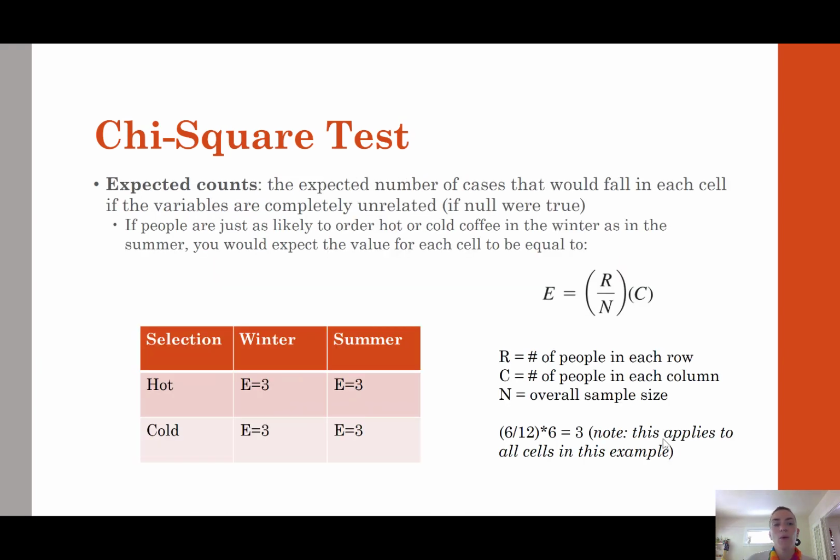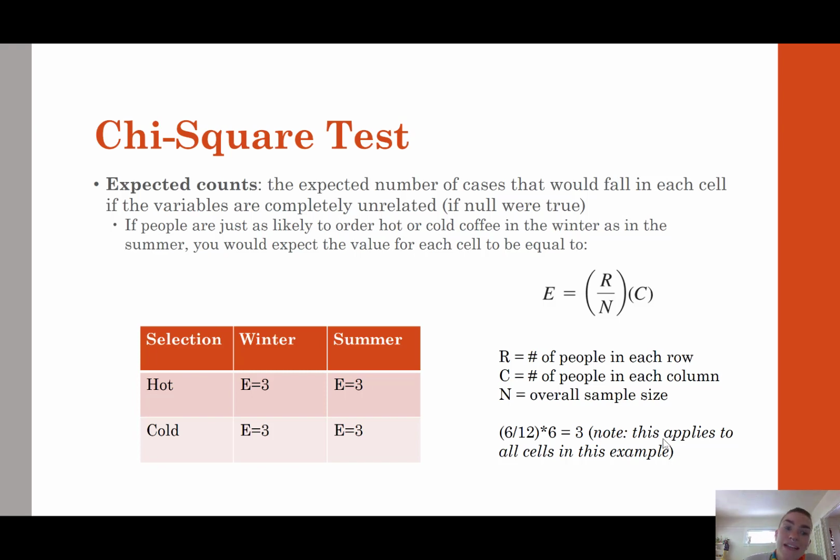The first thing that I want to do is calculate the expected counts. So if the null hypothesis were true, or if people were just as likely to order hot or cold coffee in the winter as in the summer, that there's no effect of season on coffee orders, then we would just expect that each cell would have equal values, right? So in winter, people would order hot and cold coffee equally. In summer, people would order hot and cold coffee equally.